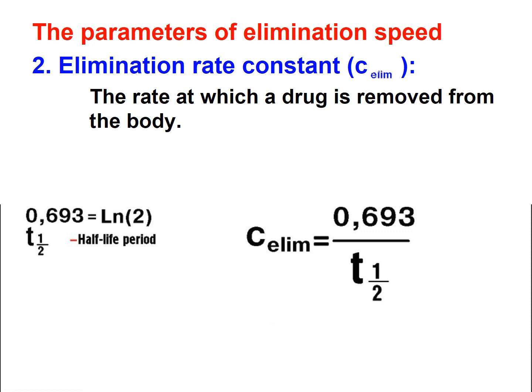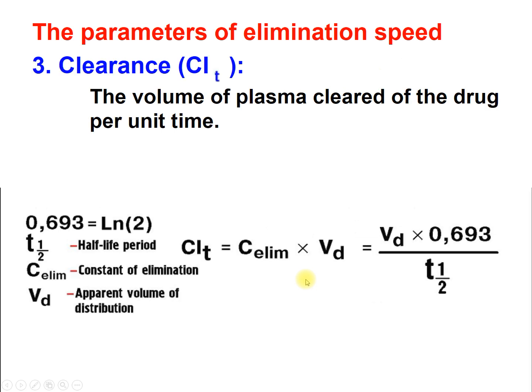The second pharmacokinetic parameter which describes the elimination process is the elimination rate constant. This is the rate at which the drug is removed from the body. The elimination rate constant is linked with half-life period using this formula. The third parameter is called clearance.